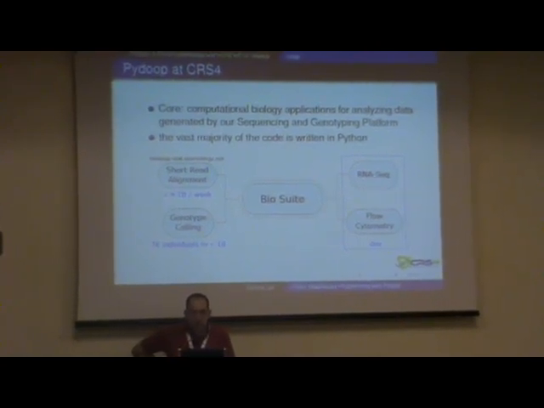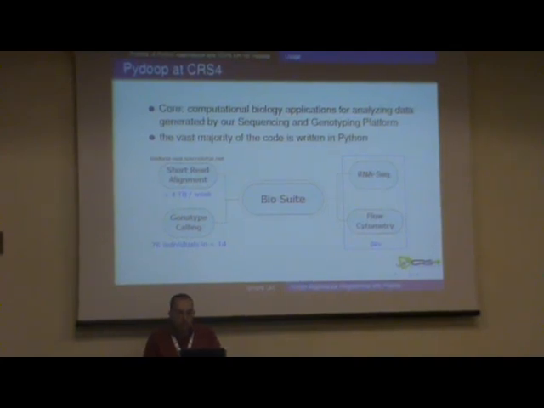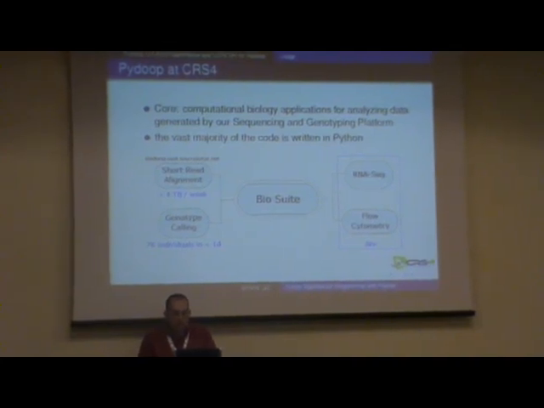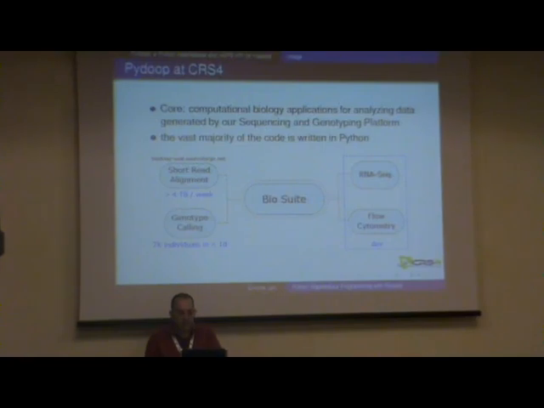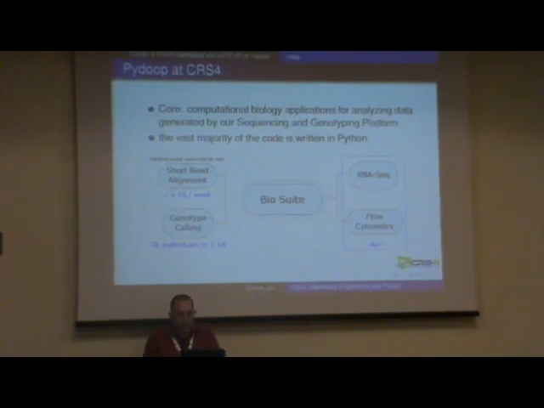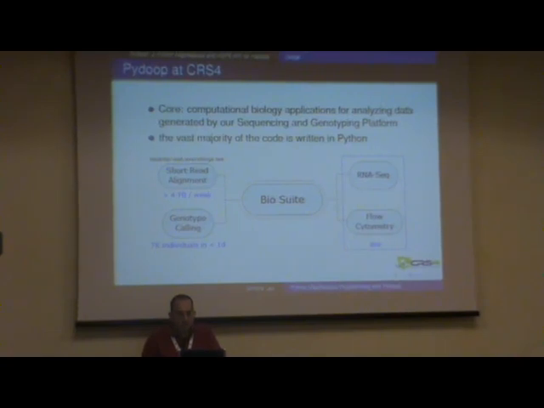We've also parallelized a genotype calling workflow. The people running the workflow were taking about 2 weeks to perform genotype calling on 7,000 individuals. Re-implementing this application for Hadoop with Pydoop allowed us to reduce running time to less than 1 day.